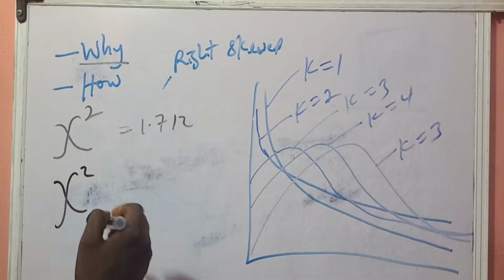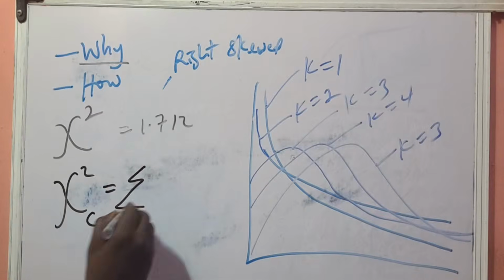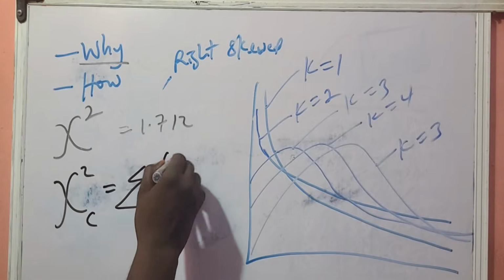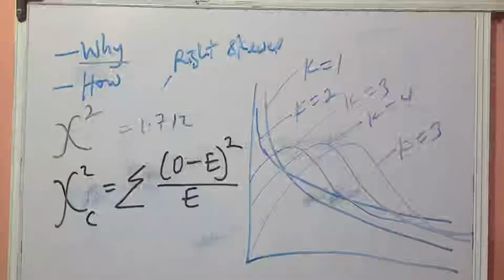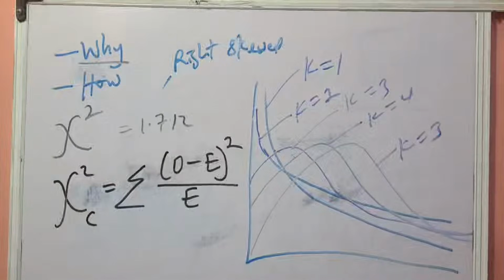It is the summation of the observed value, and so the test statistic for chi-square is what you see right here.